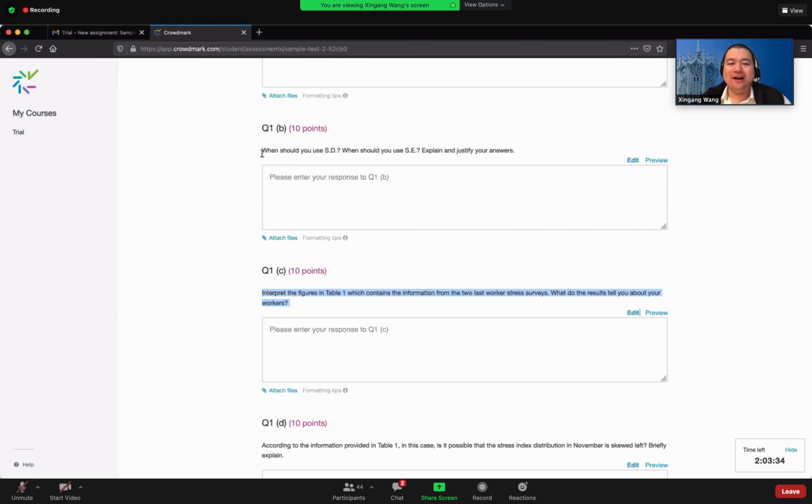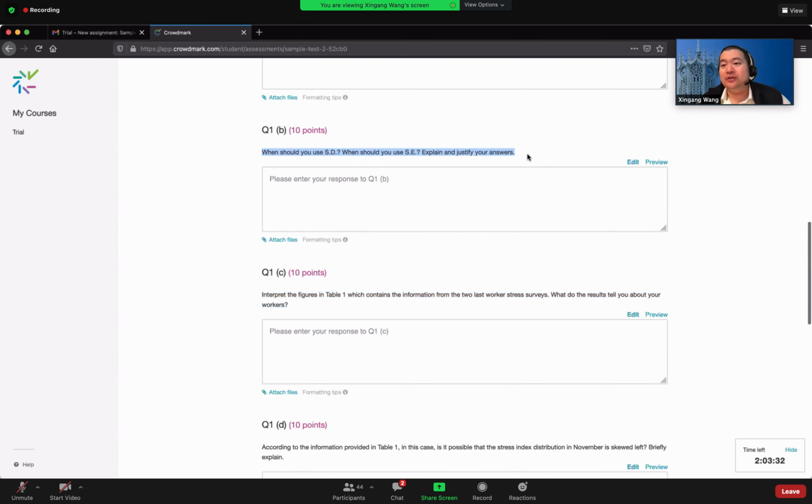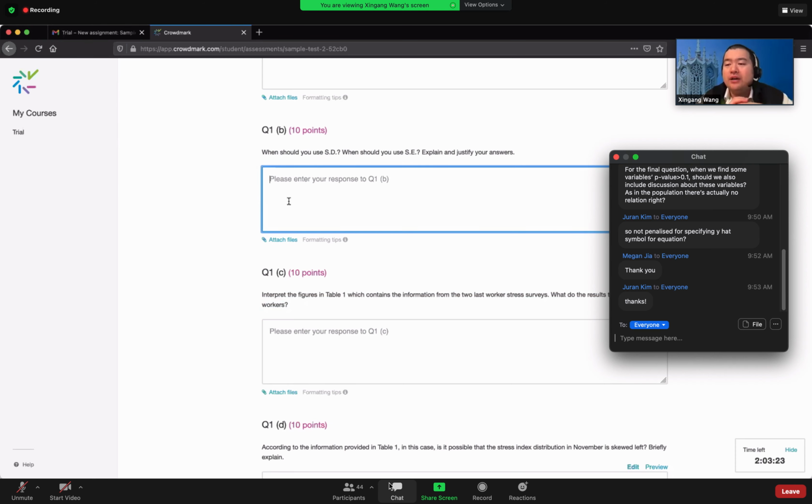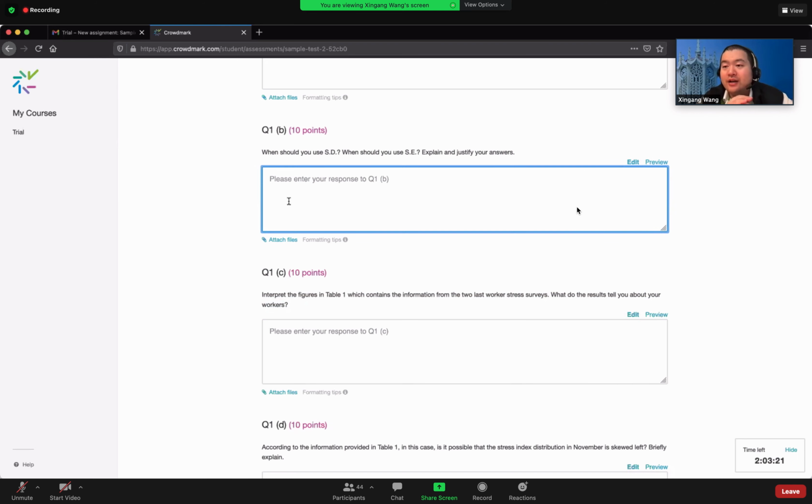So I added question B in 2019 to guide them step by step. When should you use standard error, and when the standard deviation? I think my answer is quite clear.